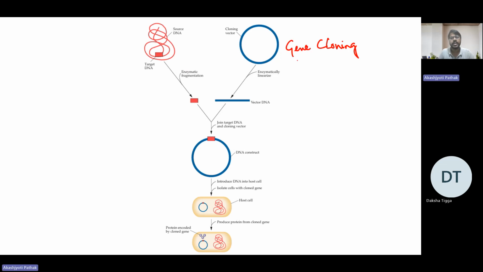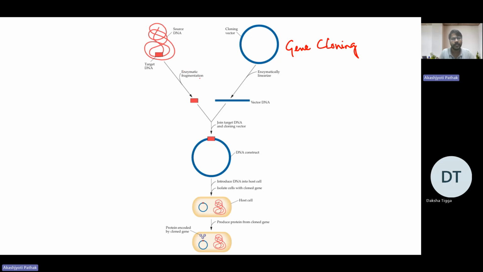So you have a source DNA, and in that source DNA, this is the target gene or the target DNA that you want to clone inside the vector. This is your cloning vector, and this is your target DNA.